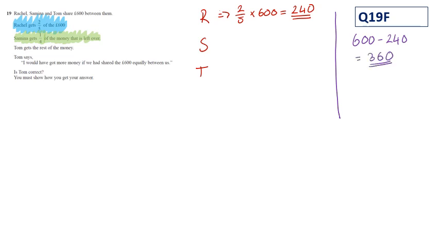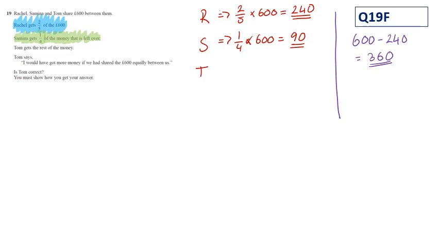So there's £360 left, and Samina gets 1/4 of that 360. So I'll work that out next. So 1/4 times 360, and again I can type this into the calculator and I'll get an answer of 90. Okay, so Samina gets 90, Rachel gets 240.